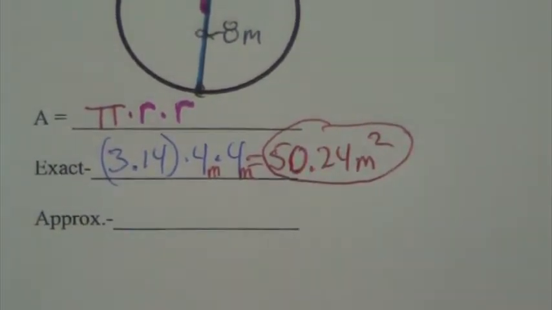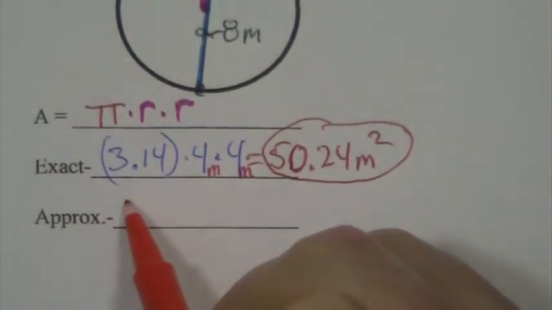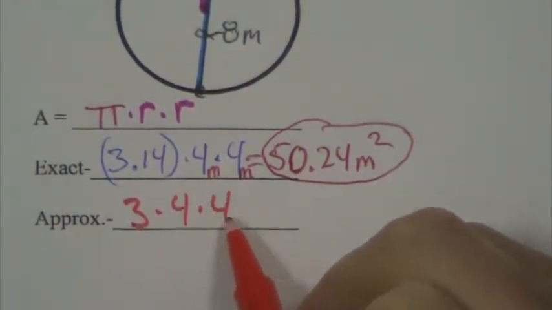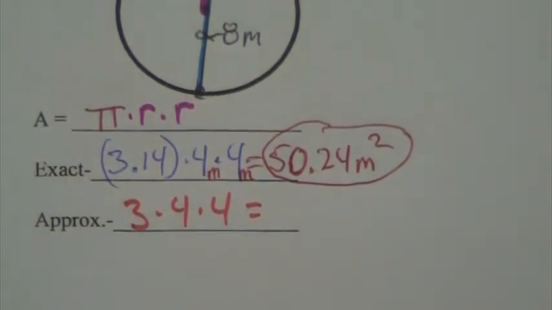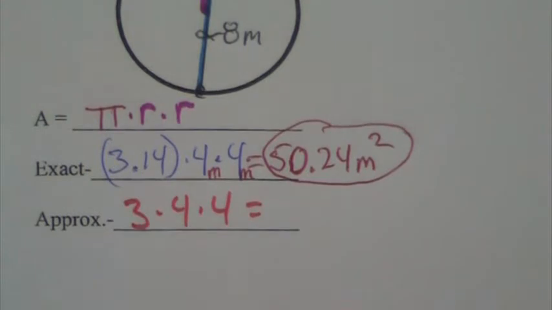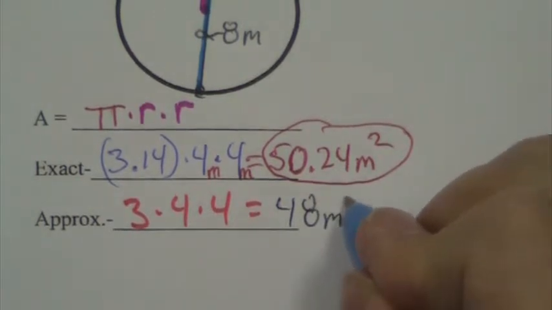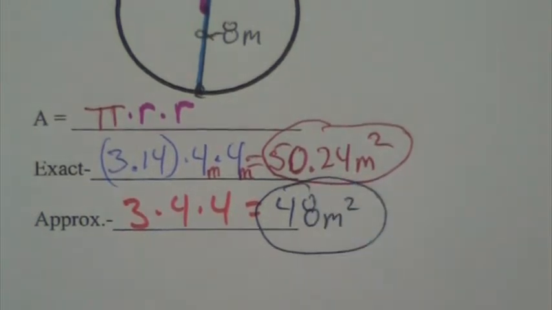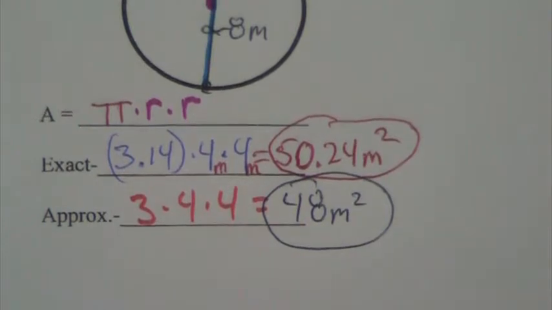Now let's use our approximate, which I should have done first. I will use 3 for pi, and then times 4 times 4. This is 16, and 16 times 3 is 48. So this should be around 48 meters squared. And look, we got 50. That's pretty close. So again, using 3 for pi will get you approximately there.